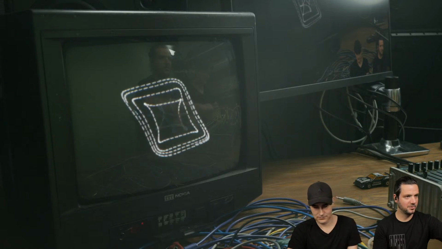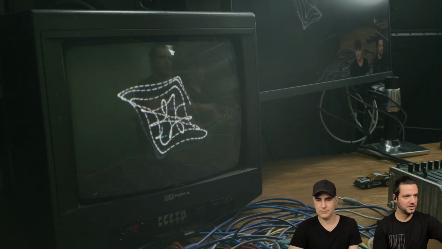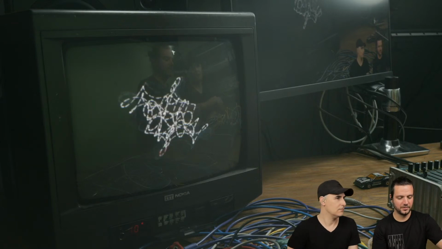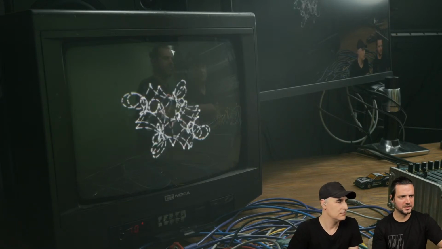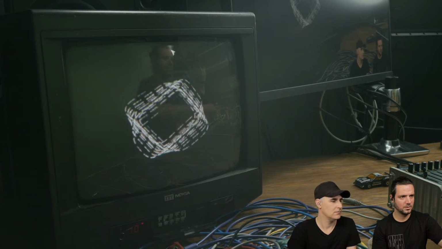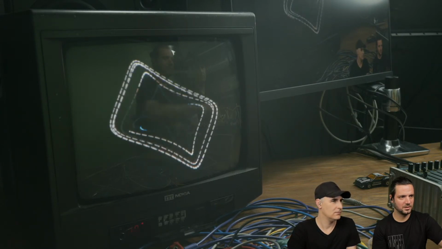So this is what happens with the signal being patched through the through-zero filter. I can increase the resonance even more. This is a little sketchy.